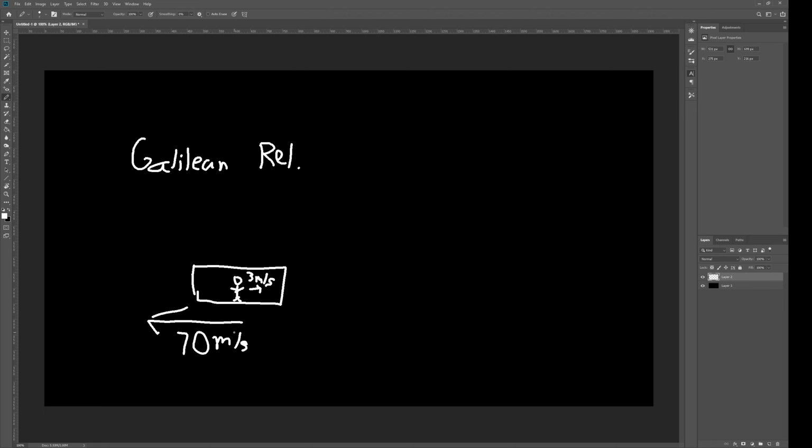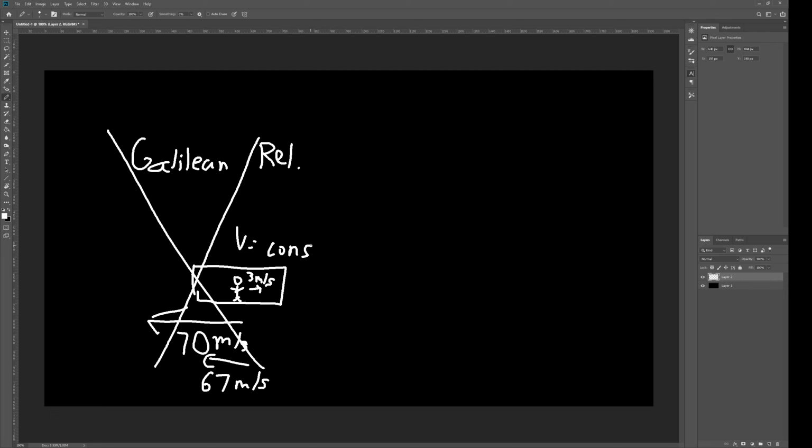How fast are you actually going? In truth, you are really going 67 meters per second in the direction of the train. But if we are looking at relativity itself, this does not apply. Because with Galilean relativity, our velocity is constant, and we also have straight lines for our velocities.